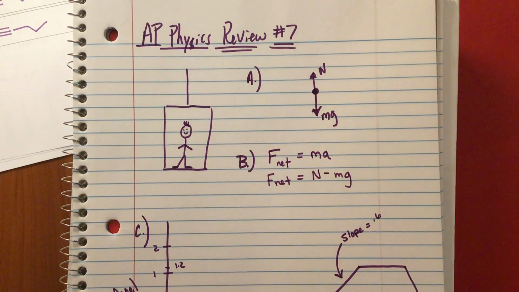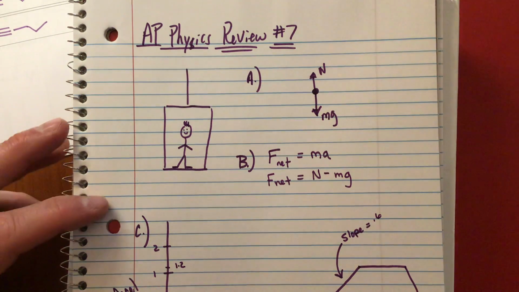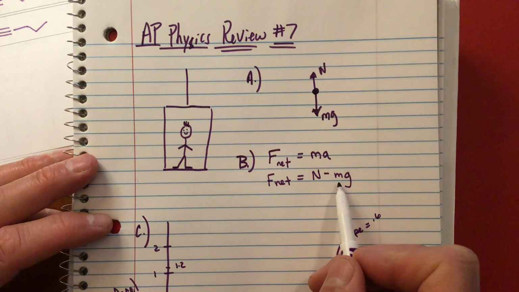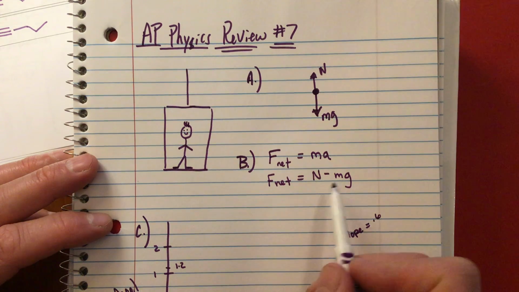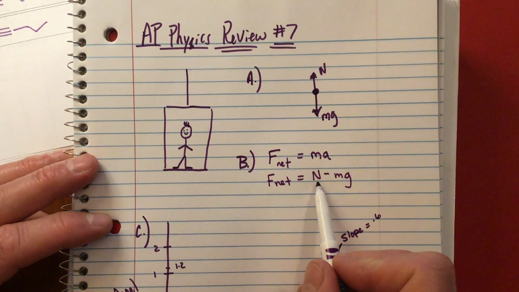So again, what are we doing here? We're deriving an expression for the reading on the scale in terms of the acceleration a of the elevator. Okay, so the scale is measuring mass, I'm going to assume, for the student. I'm going to say that the scale reads the normal force.